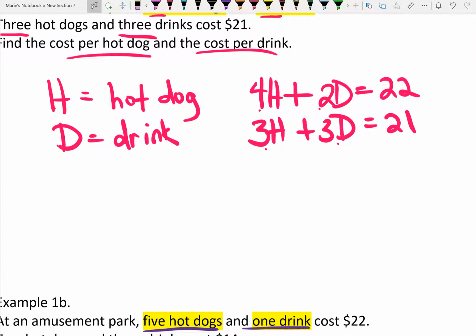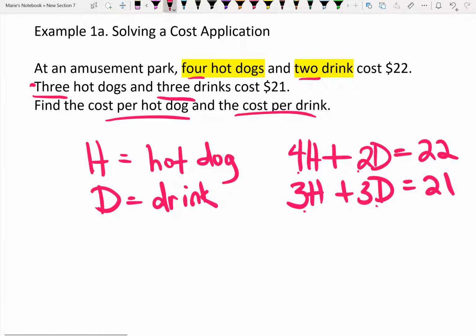Because I have 2 variables and I have coefficients in front of each, what I would suggest is that you cancel one of the variables out. You can choose to cancel the H, making one of them negative, one of them positive, but to do so you have to have the same value for the coefficient, so you have to build it up.